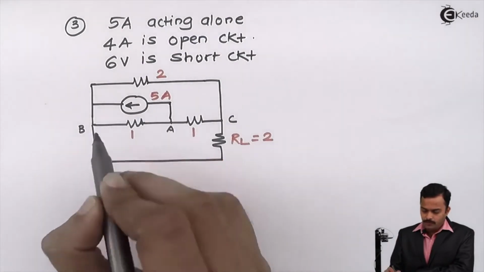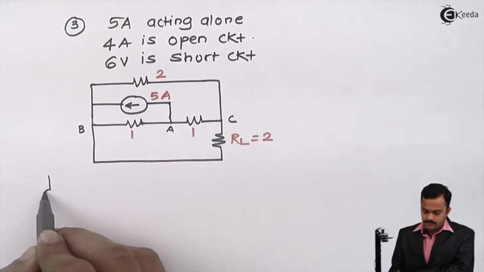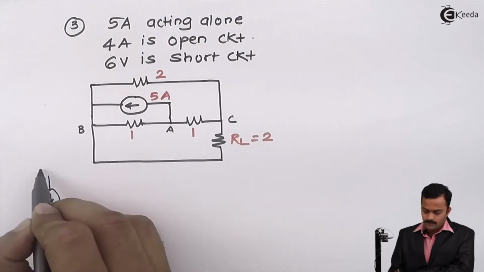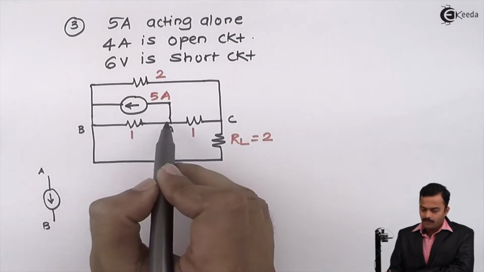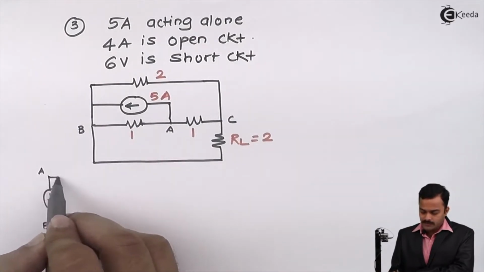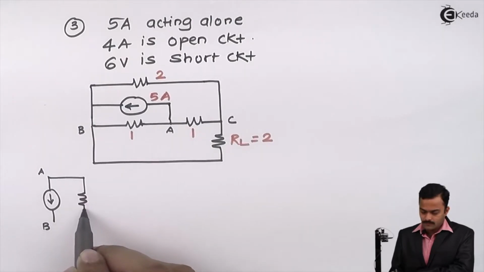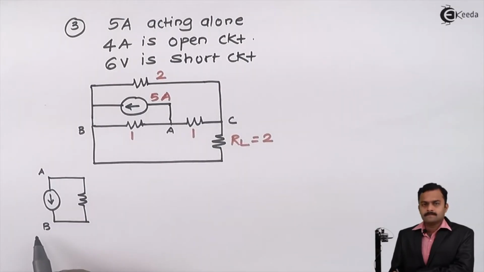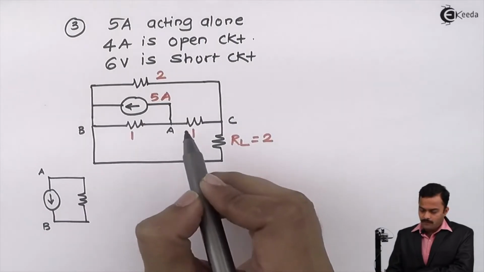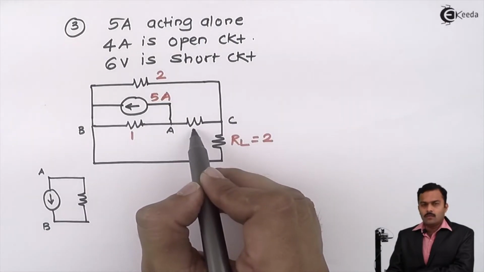So from A to B I will have a current source, and from A to B I am also having this 1 ohm resistance. Now from A to C I am having 1 ohm resistance.